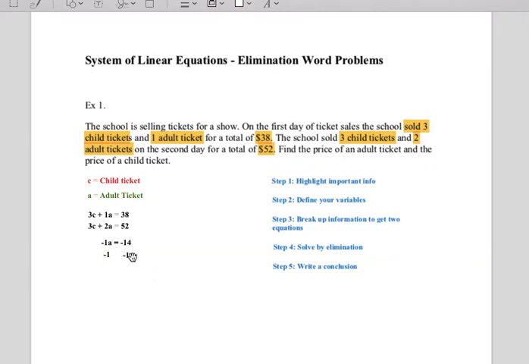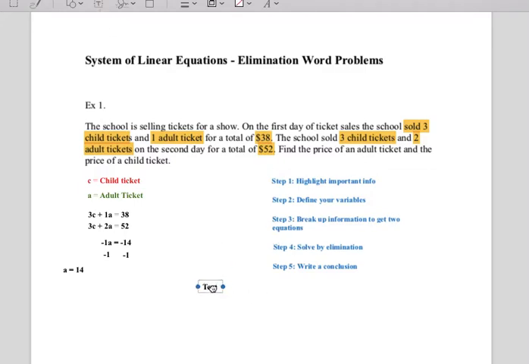Negative 14 divided by negative 1 is positive 14. So we get a equaling 14. So we now have the price of our adult ticket. And what we have to do is substitute this back in to get the price of our child ticket, right? Because there's still a c that we need to figure out.